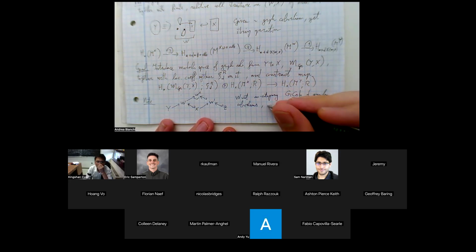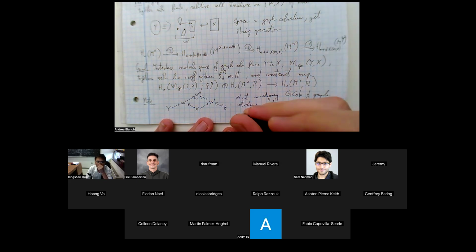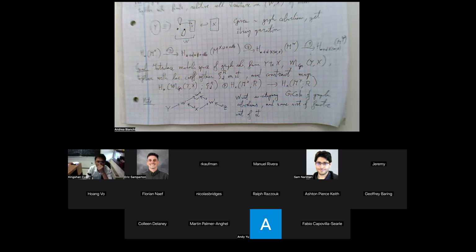And some sort of functor out of it into, say, graded R modules, sending a space to the homology of M to the X.